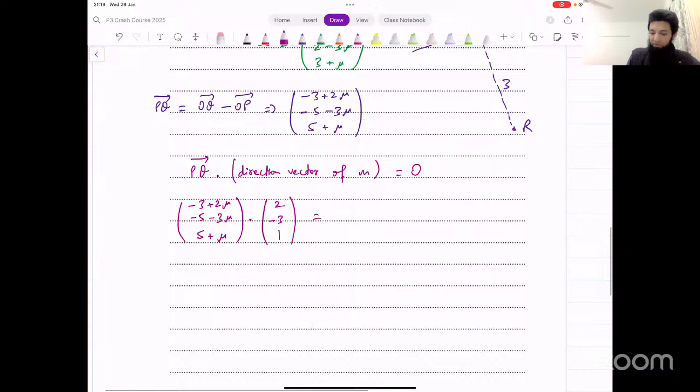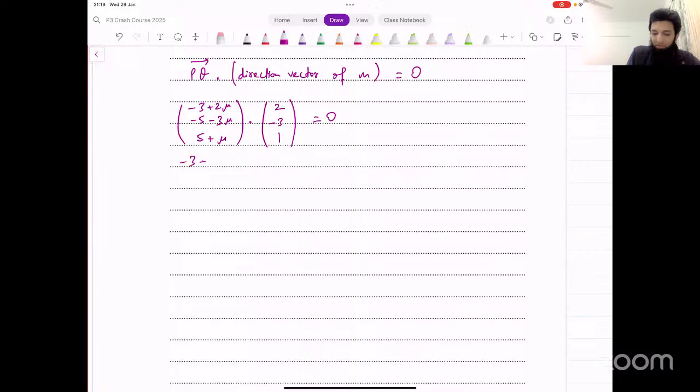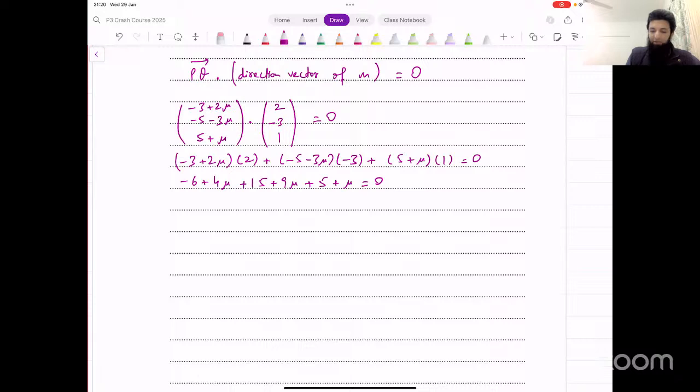This should equal 0. And that should give us the value of mu that we're looking for. Let's do the multiplication. Minus 3 plus 2 mu times 2 plus minus 5 minus 3 mu times minus 3 plus 5 plus mu times 1. And that equals 0. This gives us minus 6 plus 4 mu plus 15 plus 9 mu plus 5 plus mu, that equals 0. And we get 14 mu plus 14 equals 0. The value of mu turns out to be minus 1.